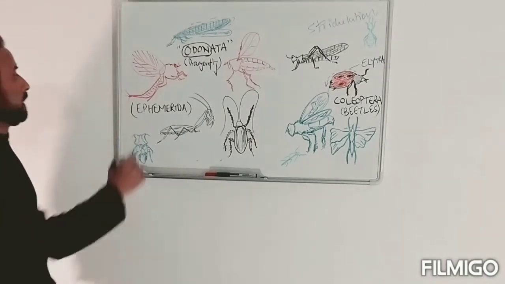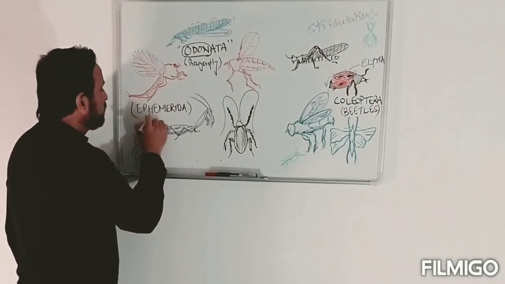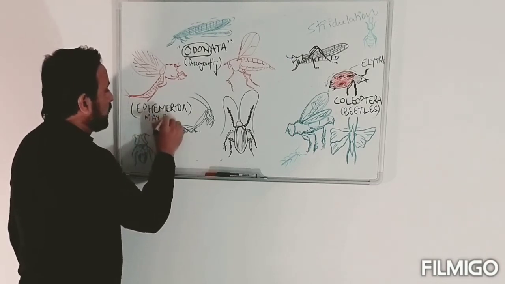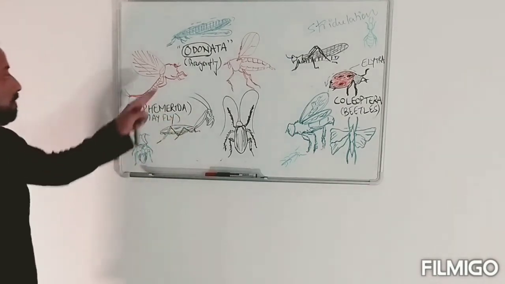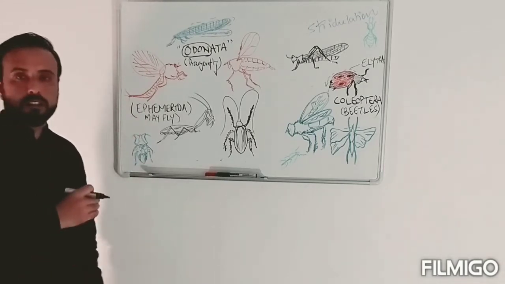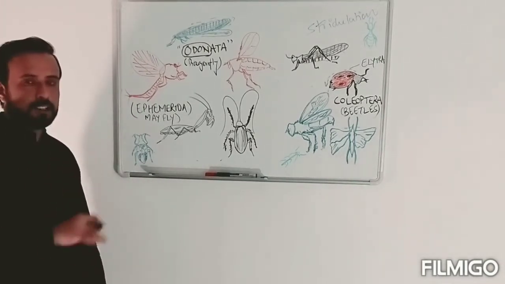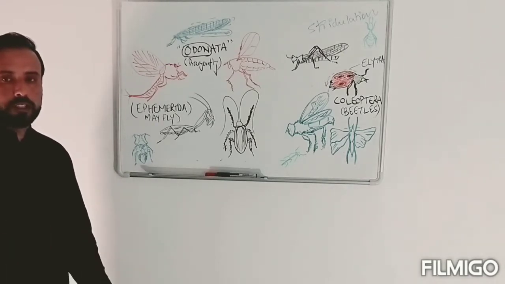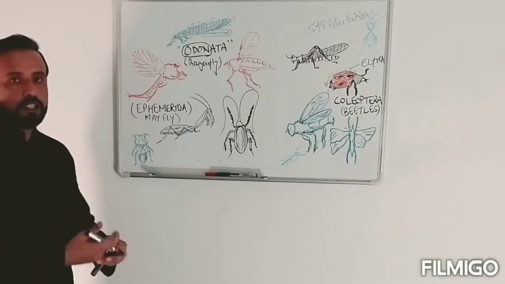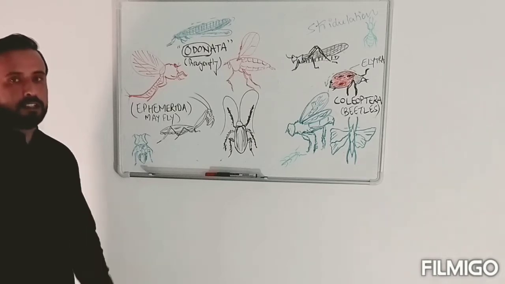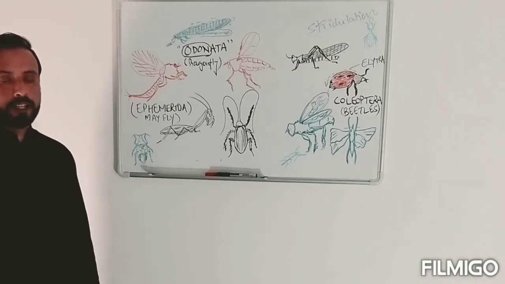This is called mayfly. The example is mayfly. You must have seen this especially in rainy seasons. In the night, they come to the light in huge amounts. For some time they come there and they die, right? This is called mayfly.